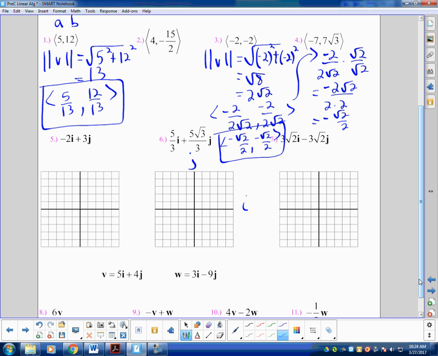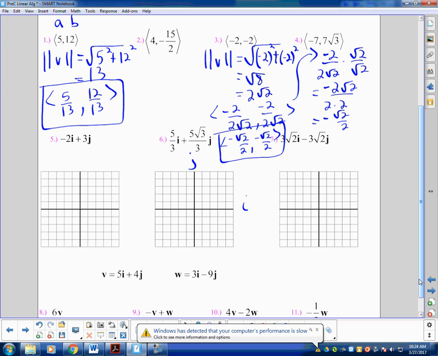So for 5/3 i, I'm just going to approximate about where this vector would be, and then we'll go ahead and find the magnitude. 5/3 would be 1 2/3, so somewhere between 1 and 2 here. I'm going to go over that far. And then 5 root 3 over 3. If I were to estimate that, what's root 3 equal to?